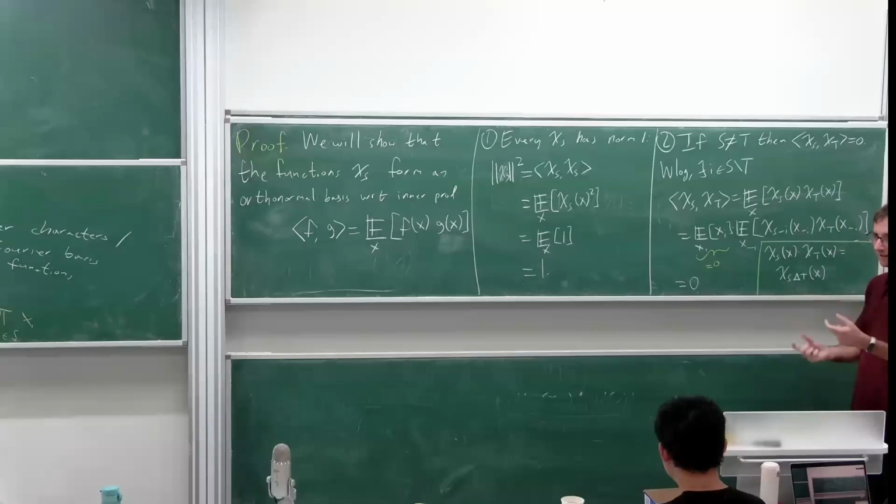When you multiply the things in S by the things in T, the things in the intersection cancel because x_i squared is 1, so you get a symmetric difference. Now you have to show that if you take any character which is not the empty character and take expectation, then you get 0. The proof is the same as here. So it's really the same proof, but expressed slightly differently.